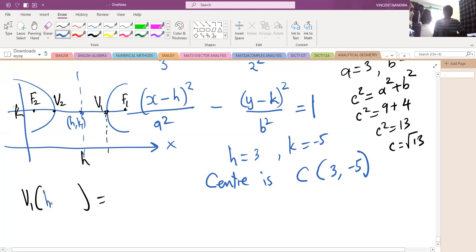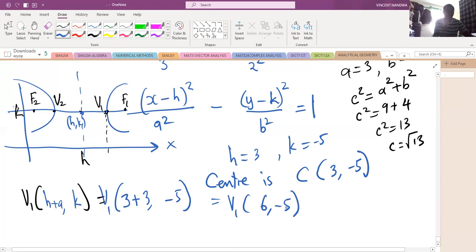So it's h plus a comma k, which is 3 plus 3, and then k is minus 5. So V1 is 6 comma minus 5.